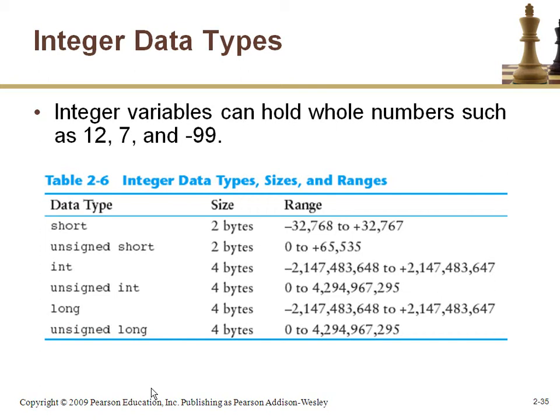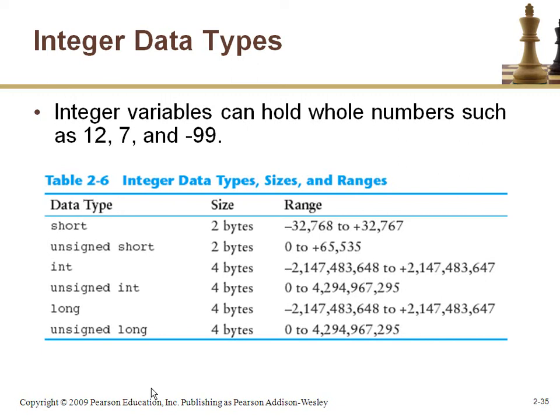The integer itself will take 4 bytes, and again you have a large range, from minus 2 billion to plus 2 billion. You have the unsigned integer, which is from 0 to 4 billion, and it takes 4 bytes.